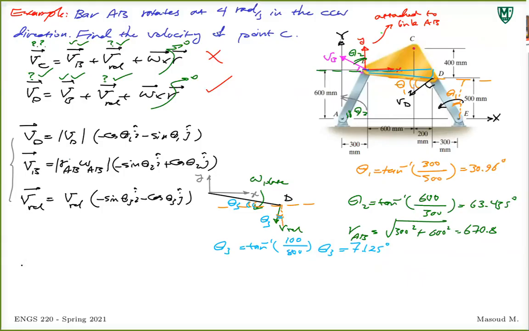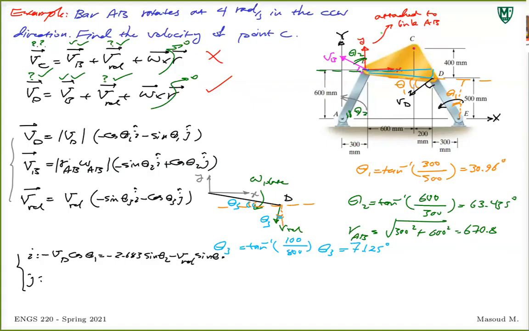In the i direction, you will get minus VD cosine theta 1 is equal to minus 2.683 sine theta 2 minus V relative sine theta 3.